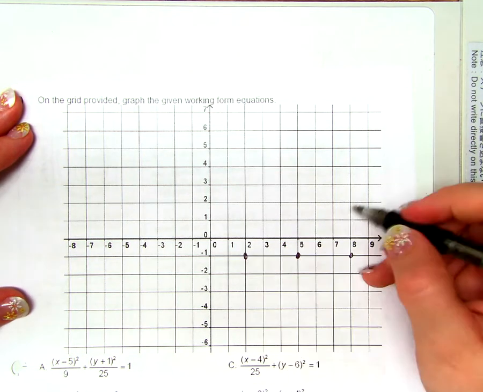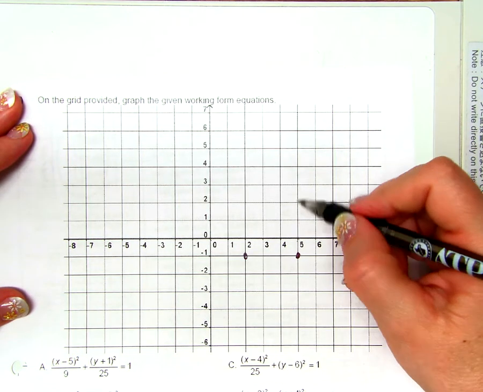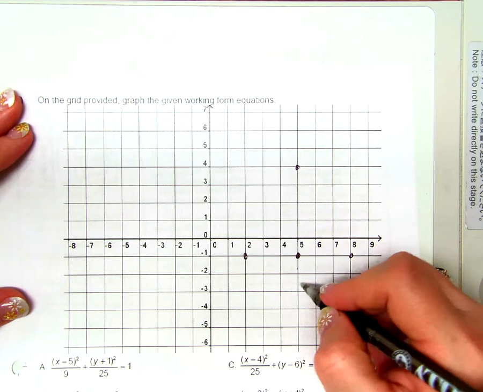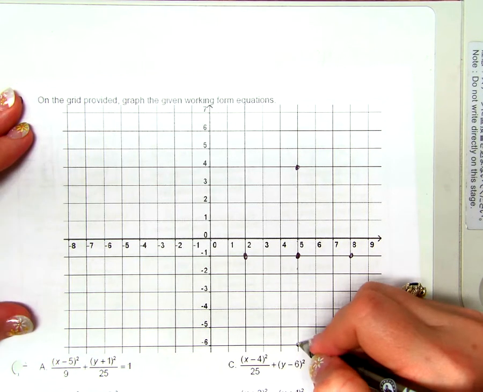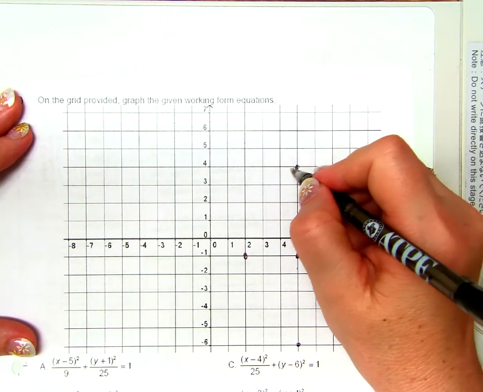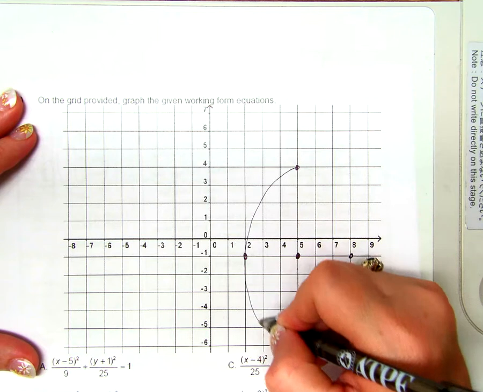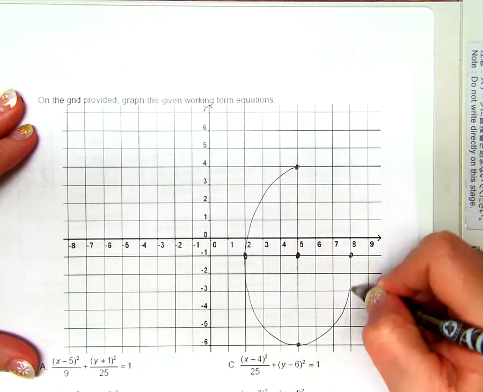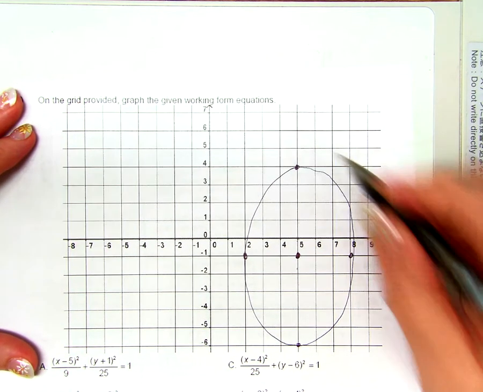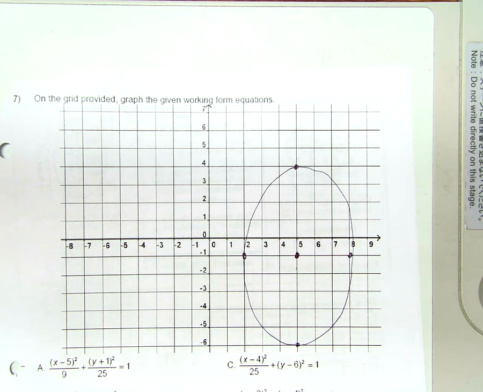How far up and down? 2, 3, 4, 5. 1, 2, 3, 4, 5. What do I expect? Ellipses. Questions? Yeah, I doubt that.